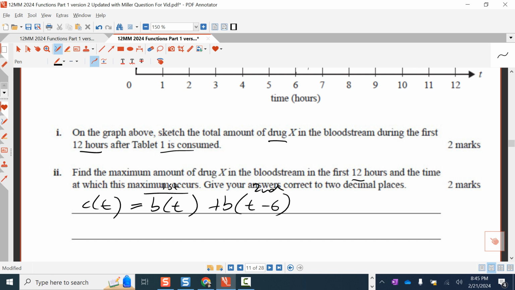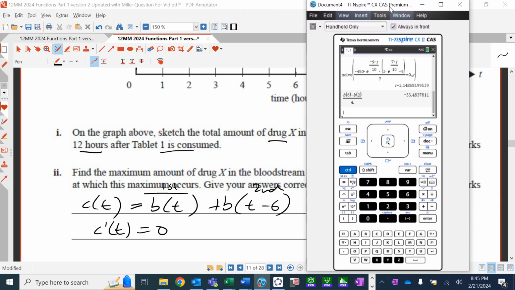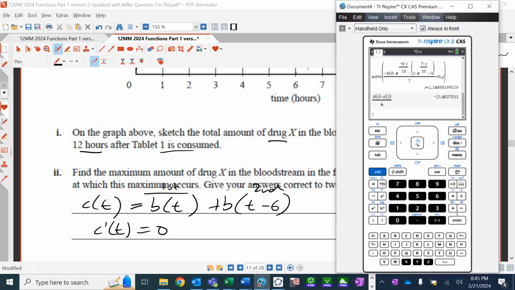Okay, so again, what we're going to do then is to find the stationary point. We're going to get the stationary point of this by doing c dash t equals 0. So we're going to get its derivative. So we're going to slam this out on the calculator pretty quickly because what we'll do is we'll go b of t plus b of t take 6. That's going to create the new added ordinates function.